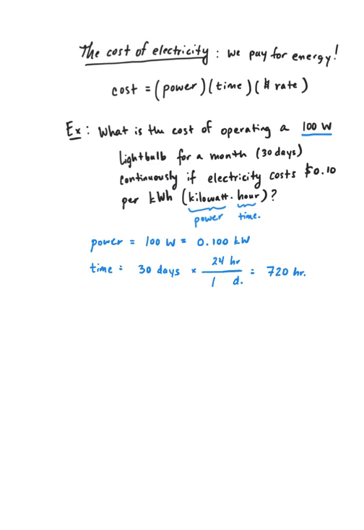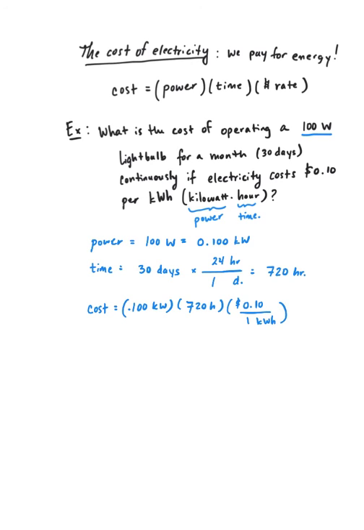With these quantities, we can come up with a cost to operate this light bulb. The power, 0.1 kilowatts, times the time, 720 hours, times the cost, 10 cents per every 1 kilowatt hour.